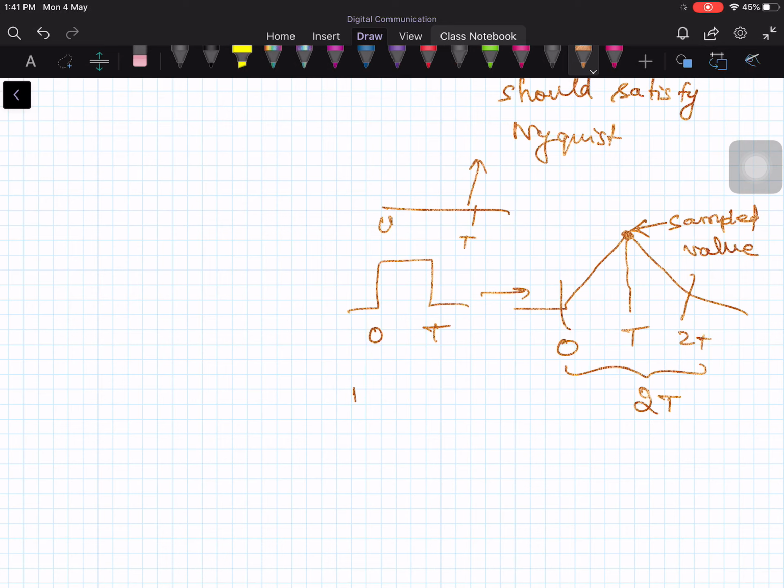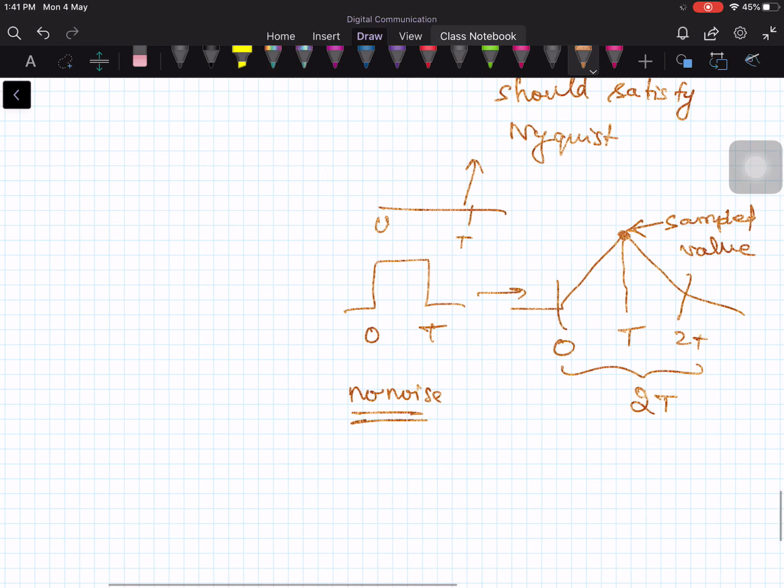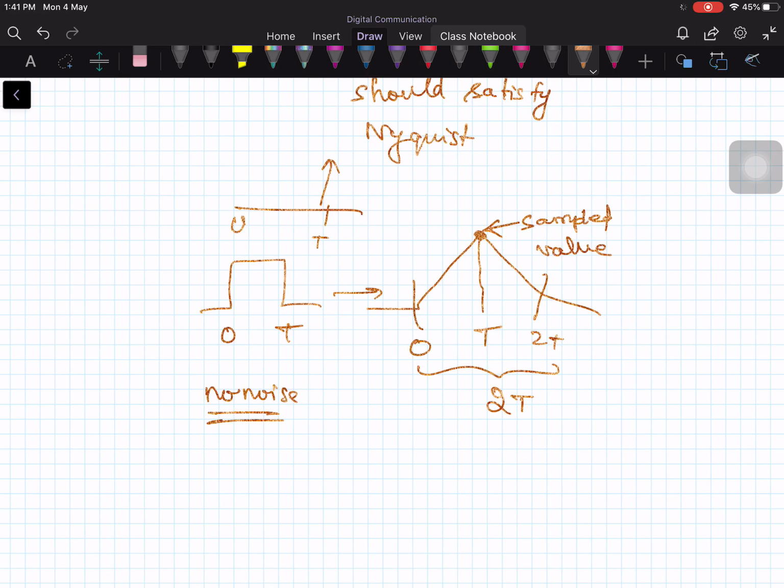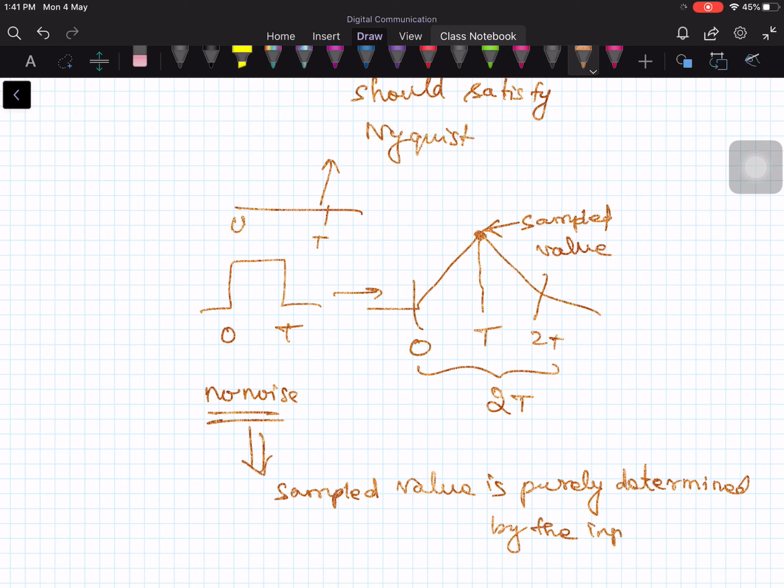If there is no noise, then the sampled value is purely determined by the input signal amplitude and impulse response.